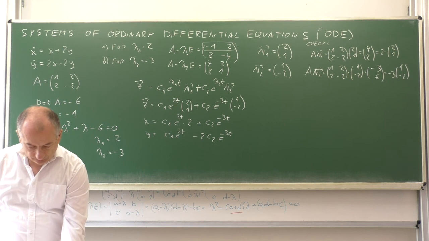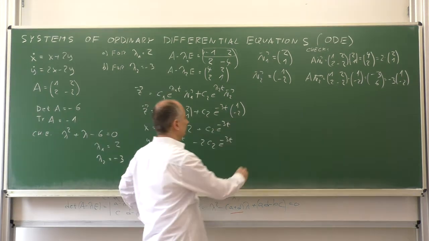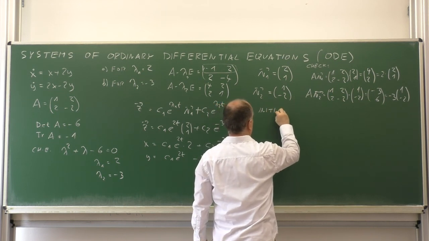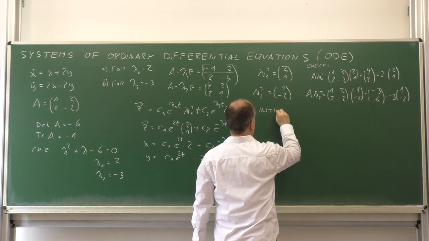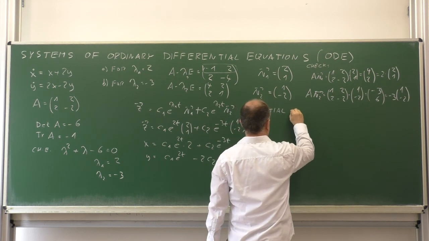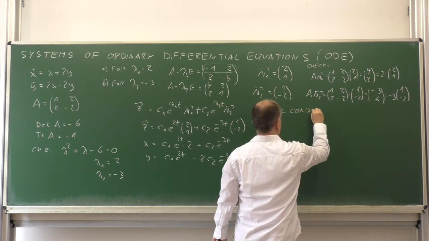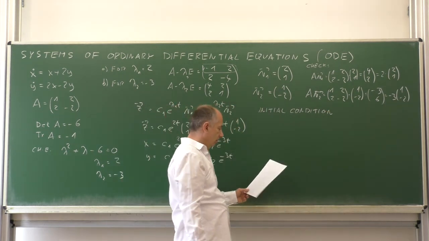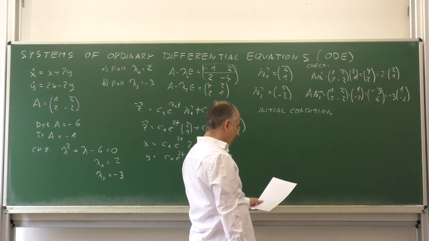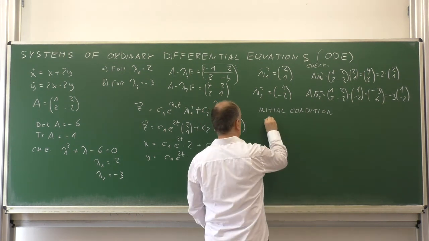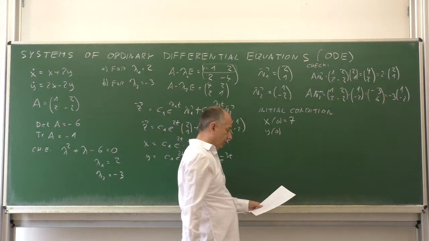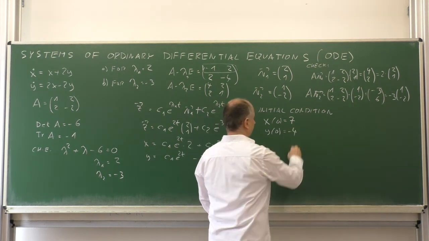If we are given an initial condition, say we want x at 0 be 7 and y at 0 be minus 4.